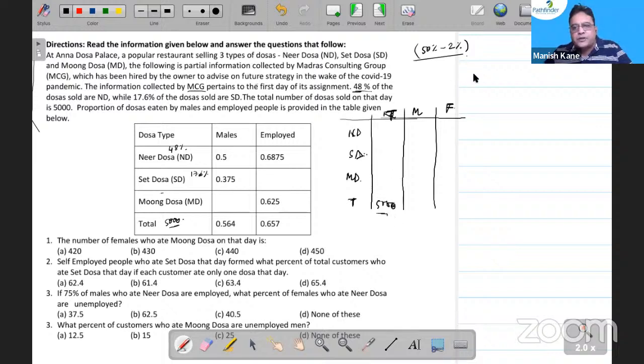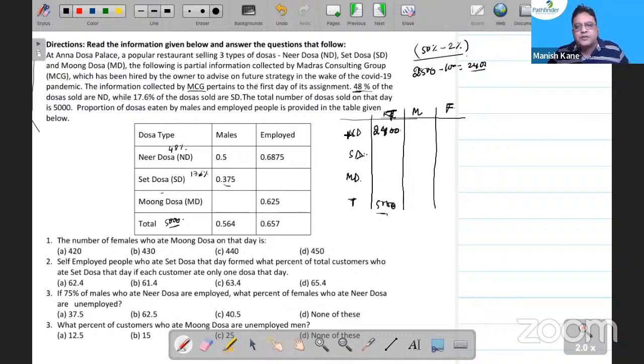And minus 100, since 2% is 100. So this computation you should be able to do orally. 2,500 minus 100, so you get 2400. So neer dosa total is 2400. I tabulated.